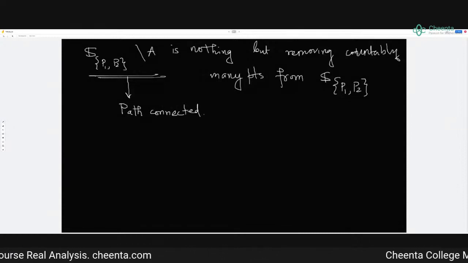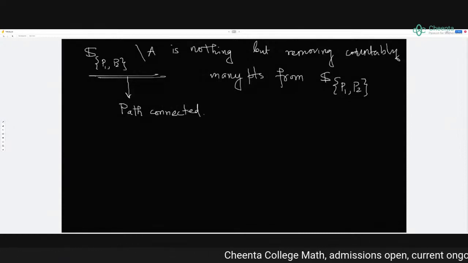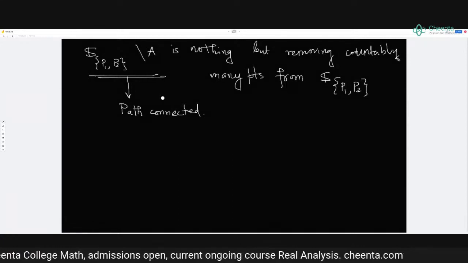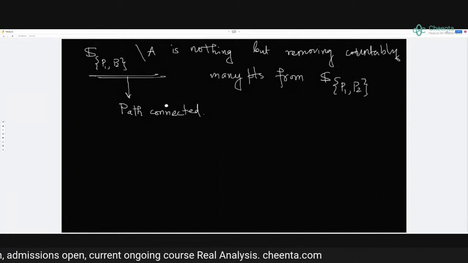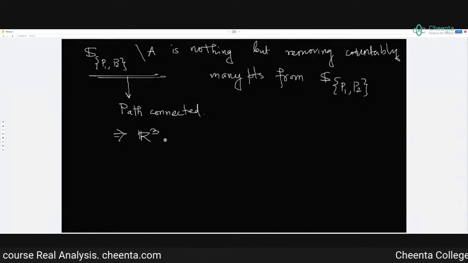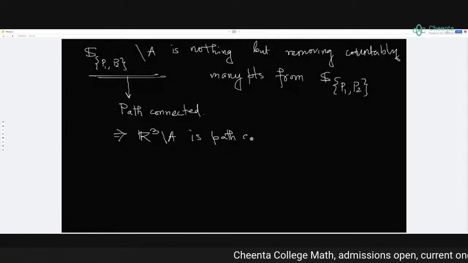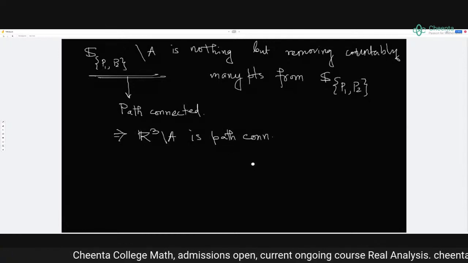Now if you have an embedded space in R3 minus A that contains the 2 points you started to work with, and it is path connected, it implies that R3 minus A is path connected. So what are we actually doing?